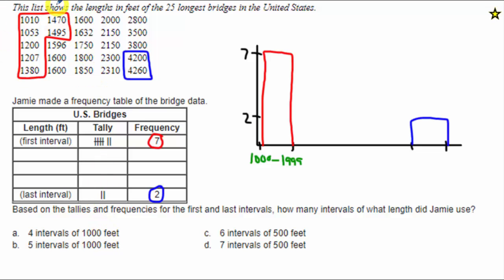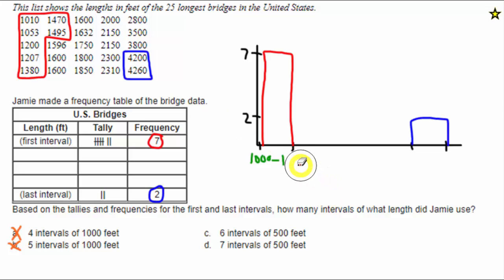Okay, so that eliminates answer choice A, because we know that 1,000-foot intervals are too big, and it also eliminates answer choice B because the same problem would happen. So let's try intervals of 500 feet. It's probably going to be one of these two, and let's just double check.